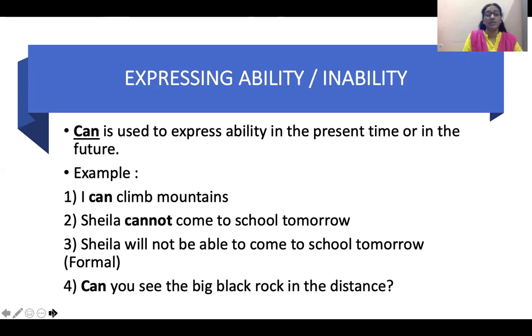It shows the inability. Sheila is not able to come to school tomorrow. Sheila will not be able to come to school tomorrow. Can you see the big black rock in the distance? It is a question asking if you are able to see the rock in the distance.